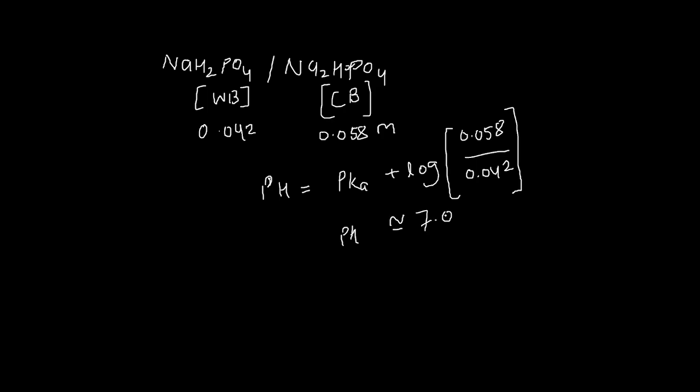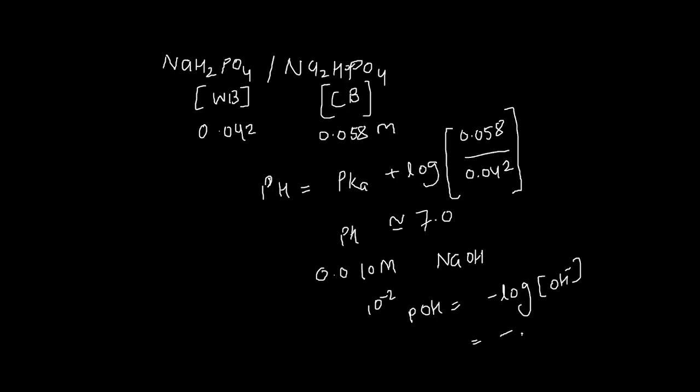Okay, now you are adding, suppose, 0.010 molar NaOH. You can also write this as 10 to the power minus 2. So pOH is equal to minus log OH, which is equal to minus log 10 to the power minus 2, which is equal to 2.